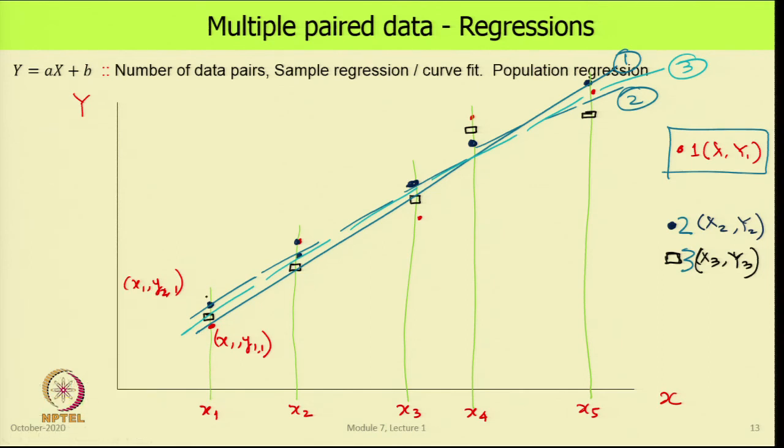for each x1 I got different values of y, I will take the average of that value y1 bar and plot it somewhere and say the number comes over there. I will do the same thing for the second one, I will get y2 bar and plot it over there. Then calculate the mean of these three and plot it over there.